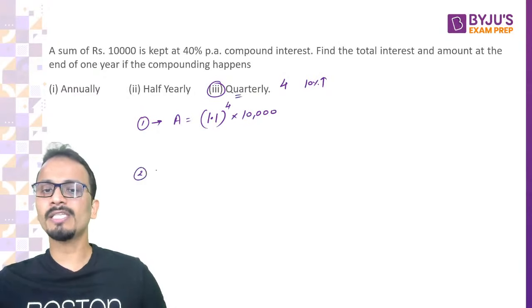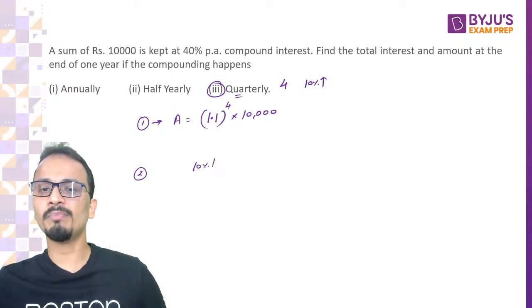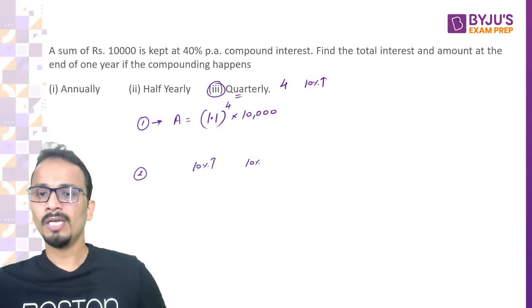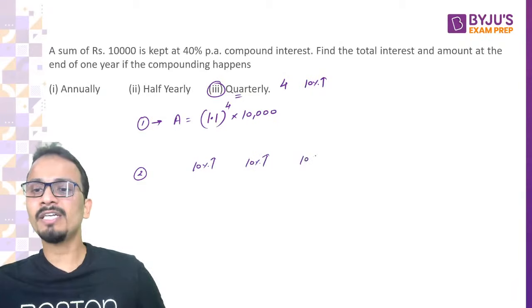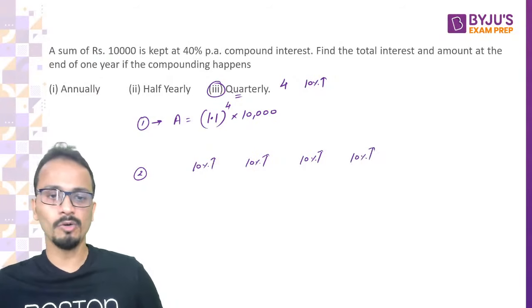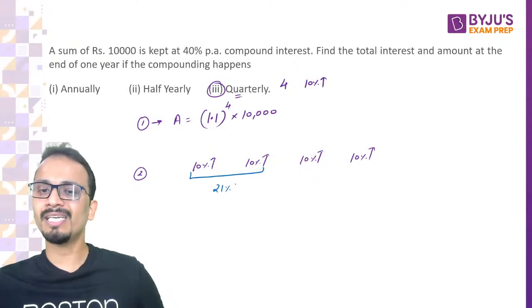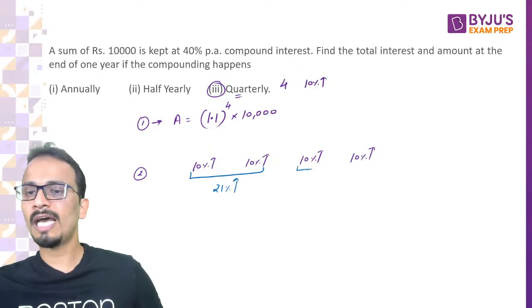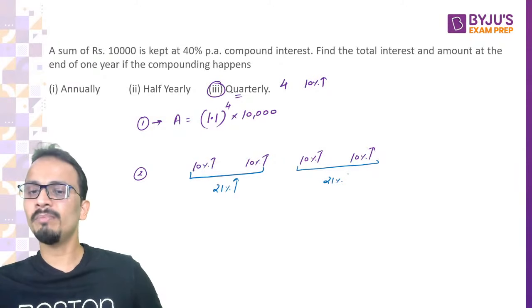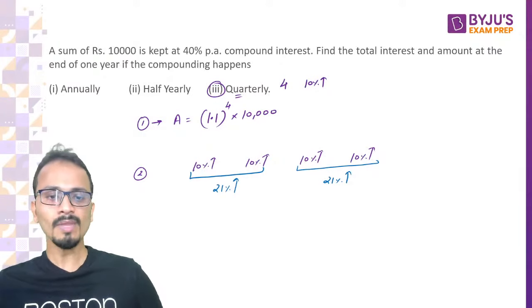The second way is I'll again calculate the net percentage increase. Now in this case, I have a 10% increase happening 4 times. So first of all, I'll club these two values. They will give me a resultant increase of 21%. And again, these two values, a resultant of 21% increase.